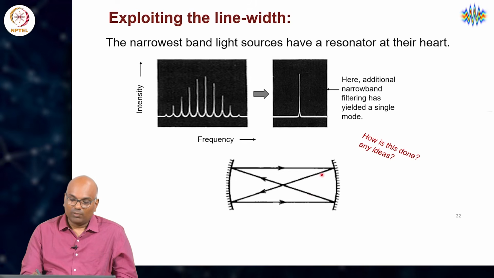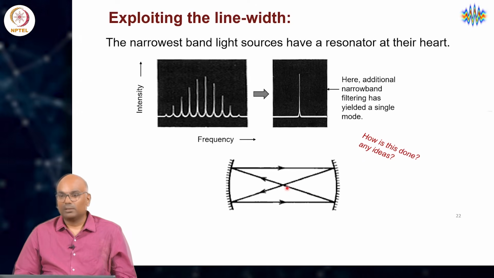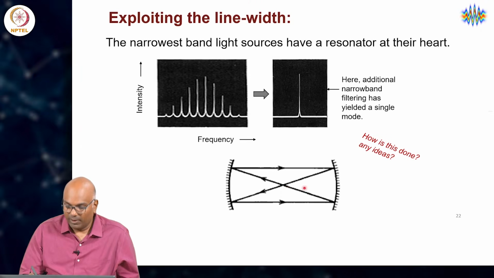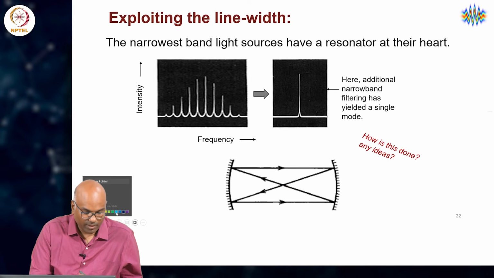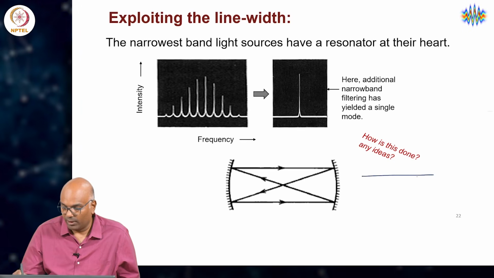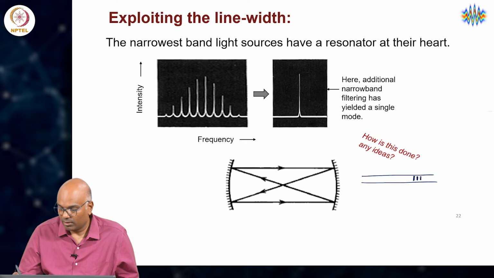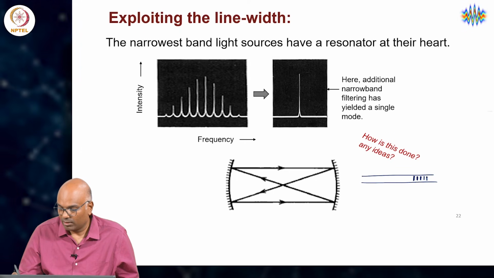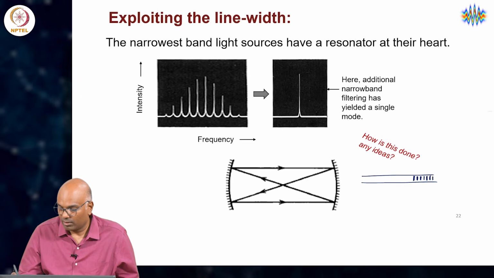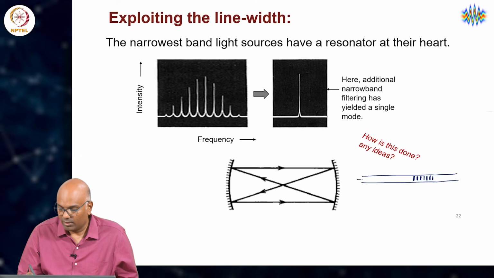So, how can this be done? Any ideas? Take this output and couple it to a fiber where you have a Bragg grating, basically a periodic longitudinal grating etched into it, right.